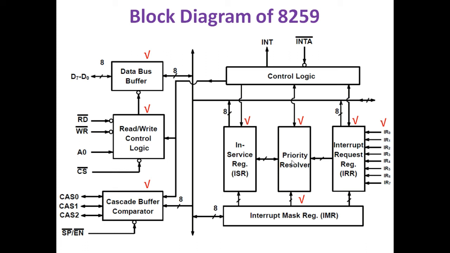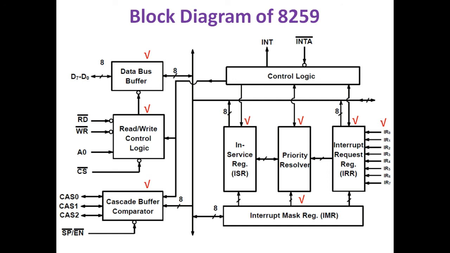The priority resolver tells the ISR, the in service register, to stop the service of IR1 and give the service to IR2, so that the INT pin will go high, and the 8085 comes to know that the other interrupt has higher priority than the current interrupt which is being serviced.